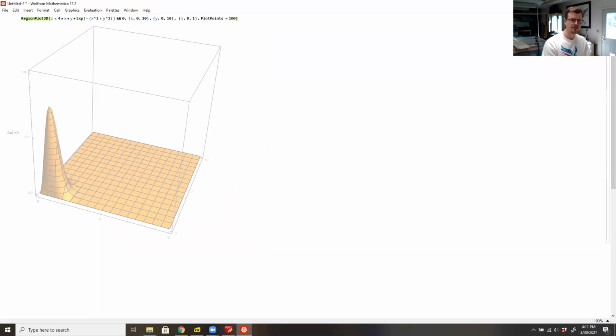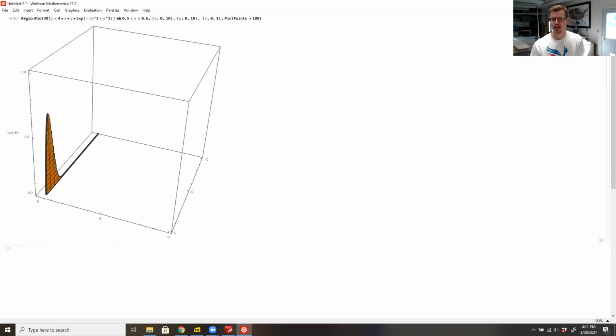So let's say our x values are between 0.5 and 0.6, 5/10 and 6/10. If I do that, it's going to give us a slice. It won't be a thickness of 0, it's a thickness of 1/10, so it's not perfect. But this is the idea.